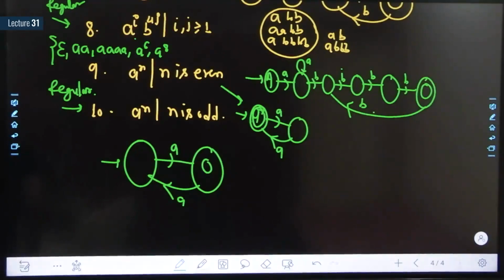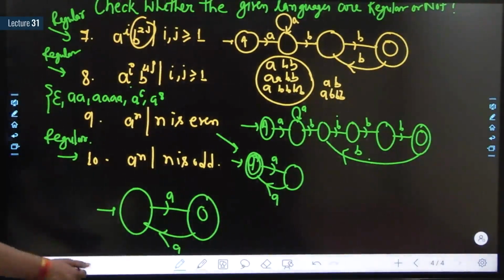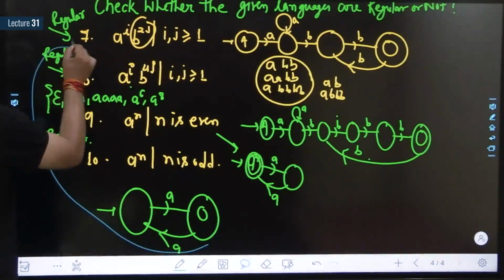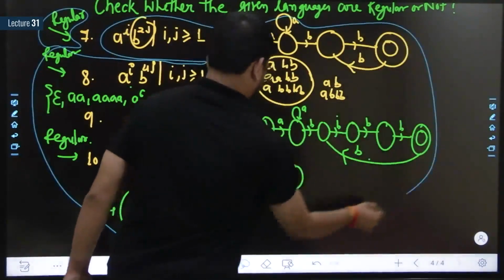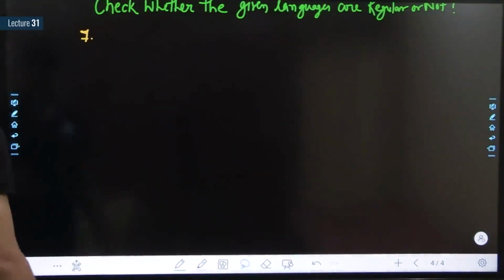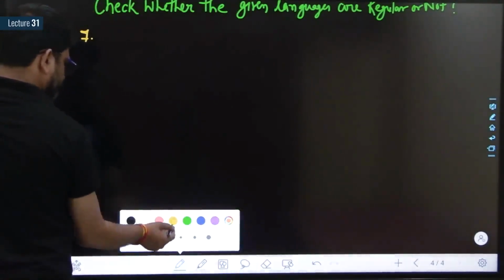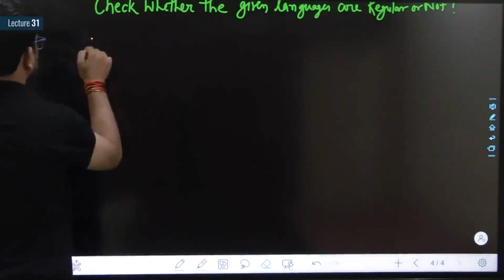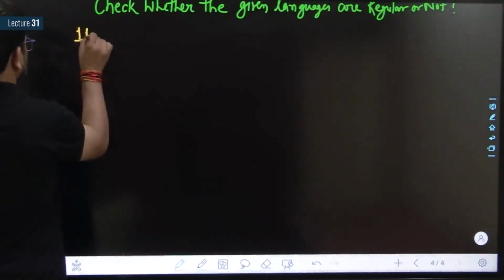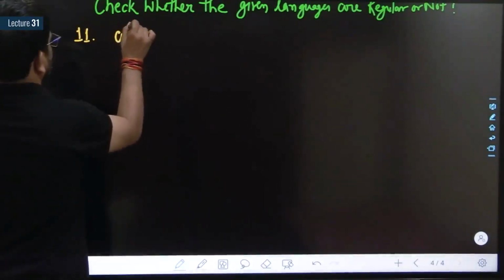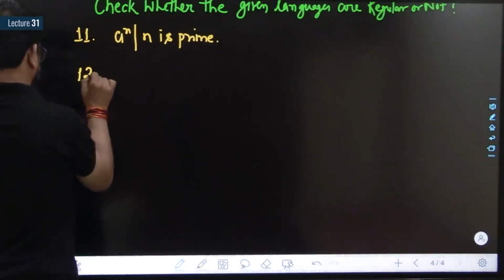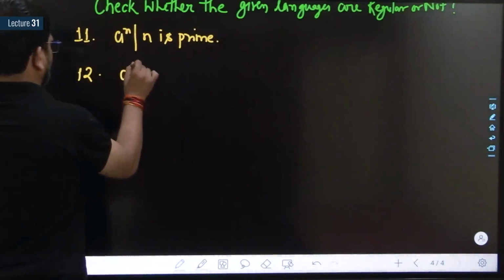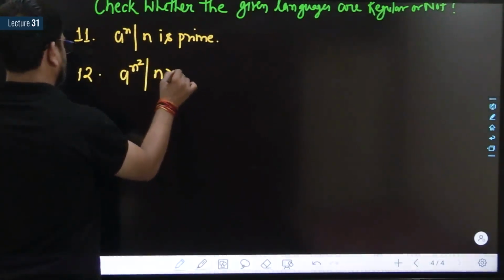Next. A to the power n, n is prime. A to the power n squared, n greater than or equal to 1.